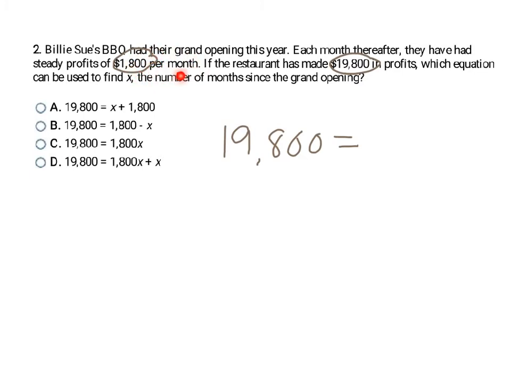For every month that makes profits, I would multiply that times the 1,800. I don't know how many months, so I'm going to use x to signify that. And then there was no initial profit number or starting profit number. It was 0, so that's why there's nothing being added or subtracted at the end. And so that makes my answer C.